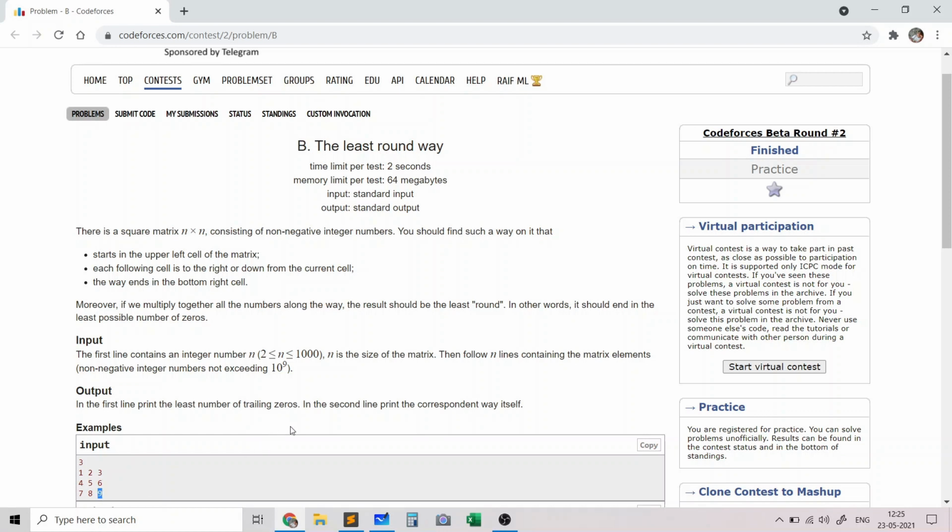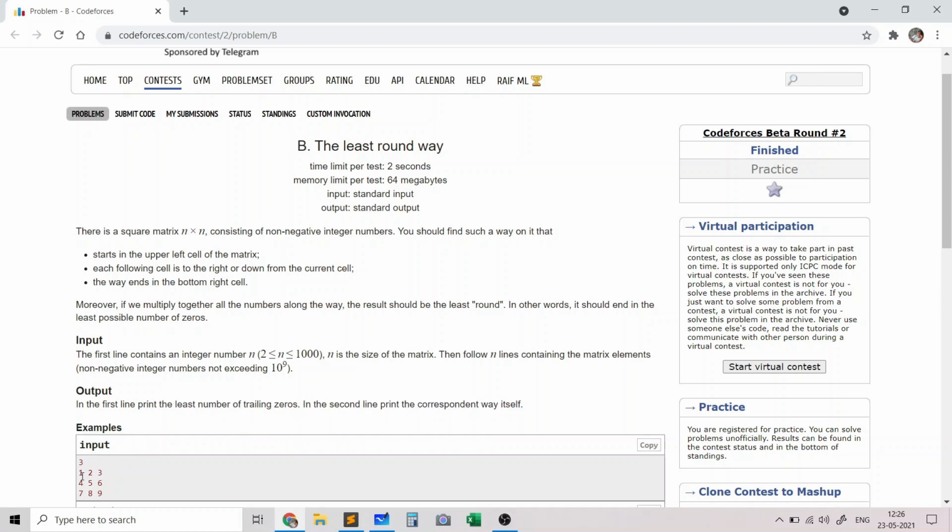Now we need to find a way to traverse this grid such that the product of all the numbers on our path has the least number of zeros in its decimal representation. So this means that we need to output a path in which the product of the numbers in that path has the least number of trailing zeros.